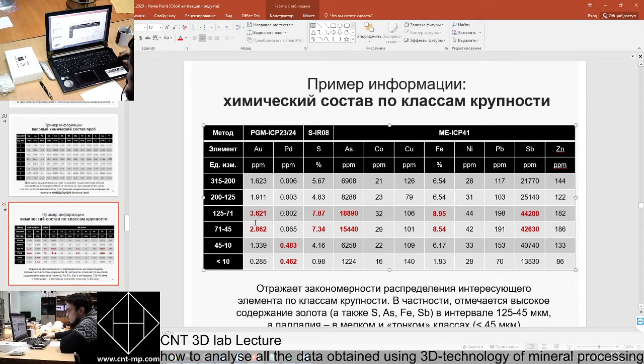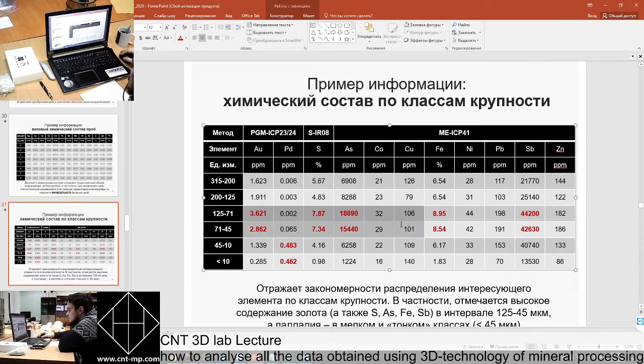For example, we describe the minus 125 plus 71 microns size fraction as the main one for gold producing, as it has the best content of gold, and the second gold-rich fraction is 71 to 45 microns.